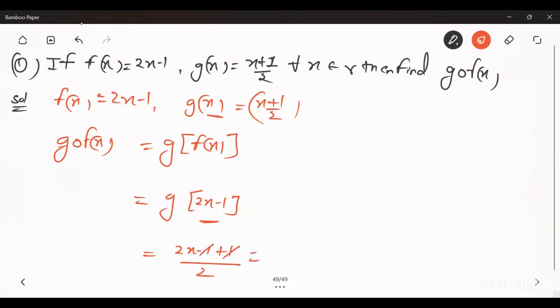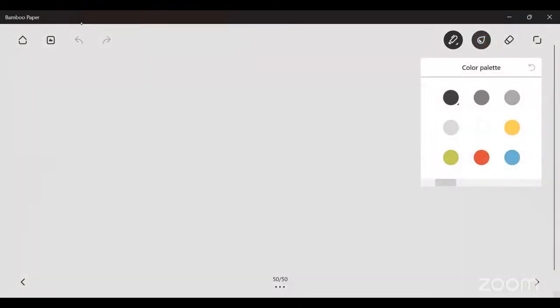Minus 1 and plus 1 cancel. 2x by 2 is equal to x. So g of f(x) will be x.